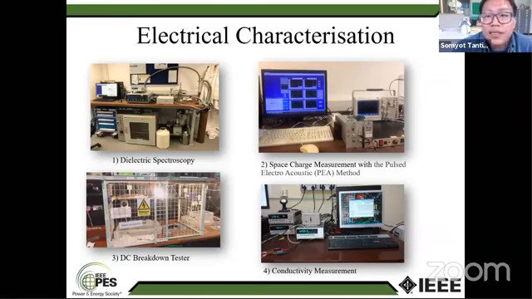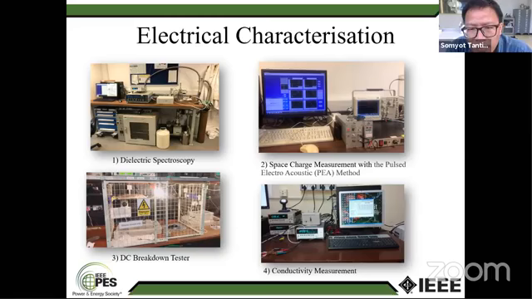And for the electrical characterization, the first equipment is dielectric spectroscopy, which is normally widely used, maybe in Thailand nowadays. We use it to measure the complex permittivity varying with frequency from 0.1 Hz to 1 megahertz.